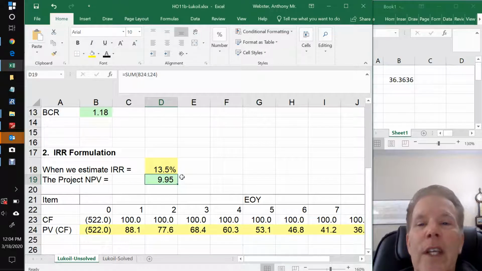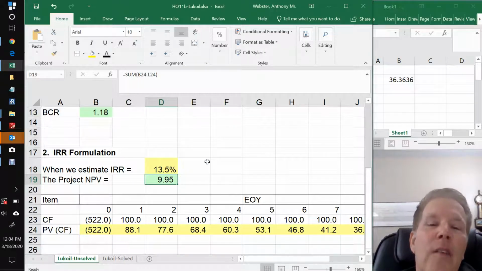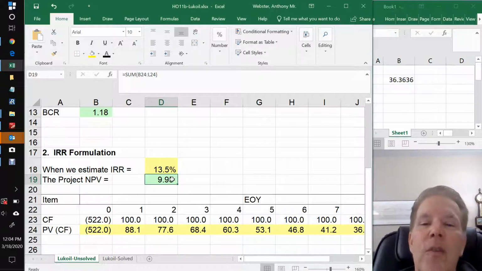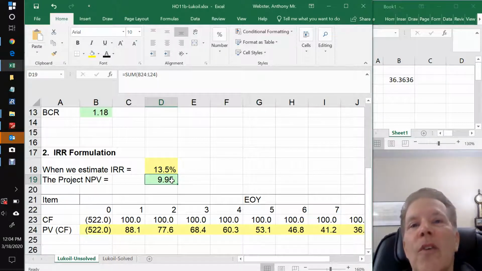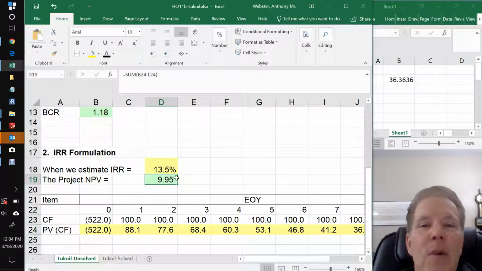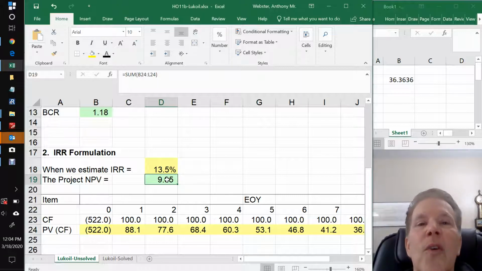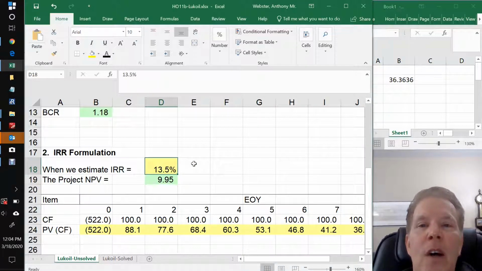And if I really want to keep my sacrificial mentee out of my hair for a long time, I could tell them to do that until we get the project NPV to 0 to 14 significant figures. That would keep them out of my hair for a long time because Excel only records numbers to 11 significant figures. So that would give me a lot of peaceful, uninterrupted work.